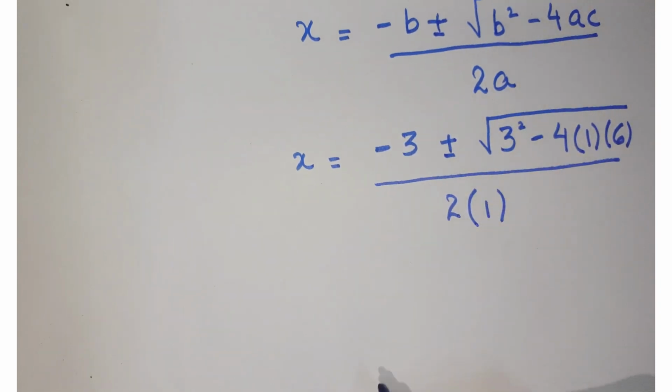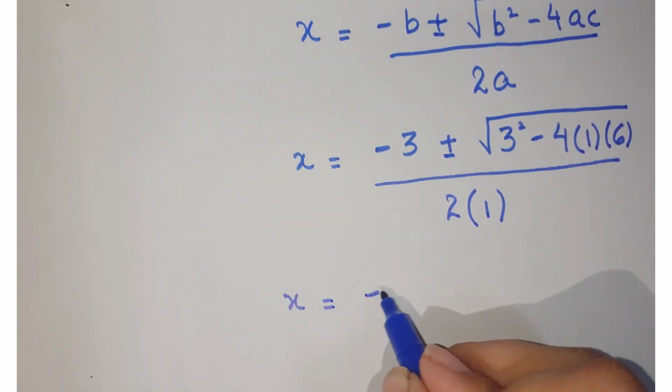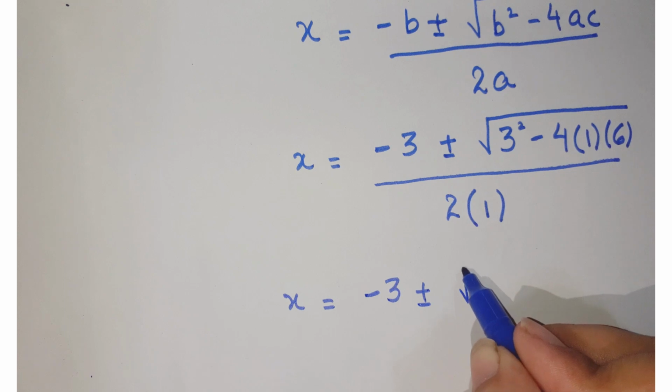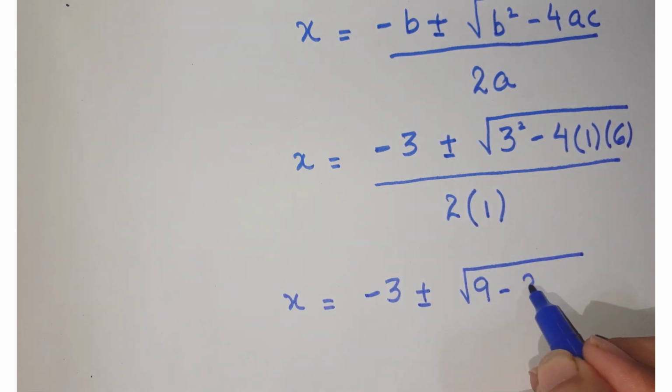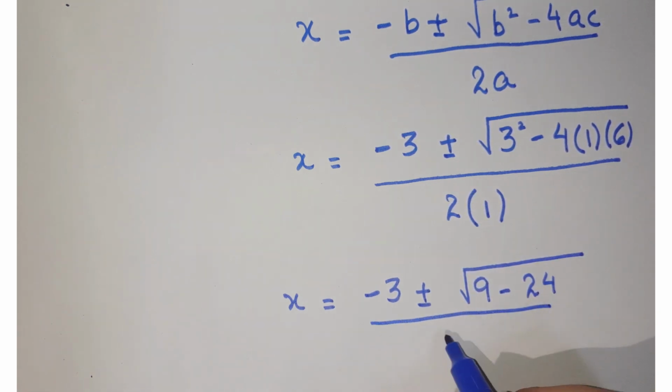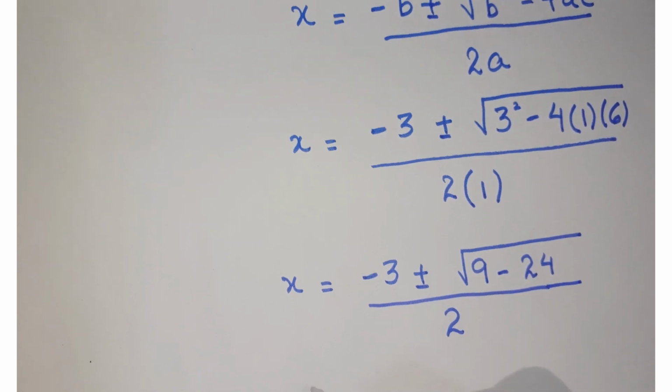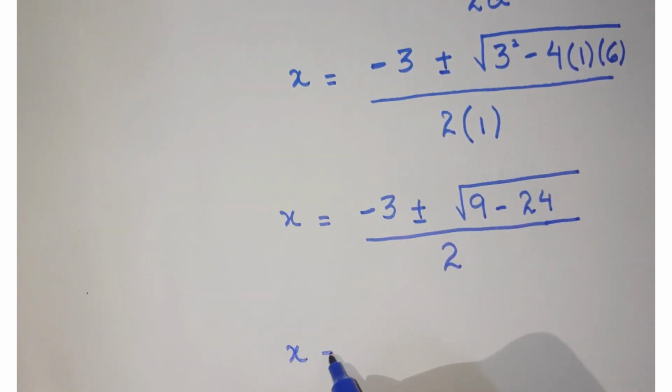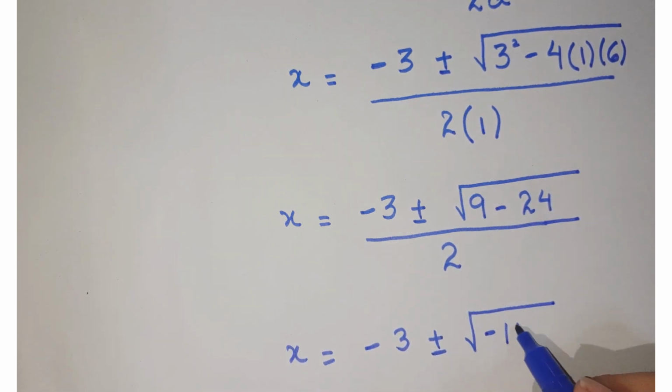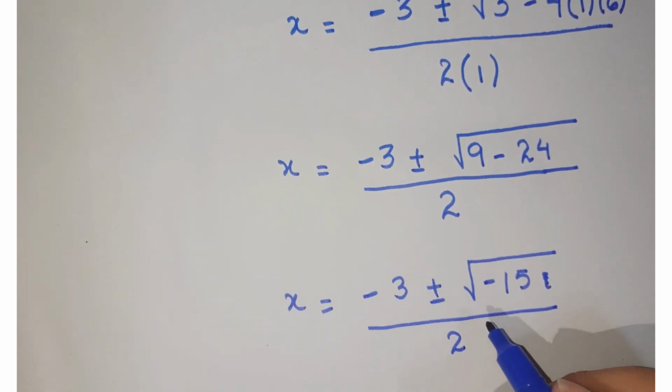After simplification, you get x is equal to minus 3 plus minus under root, this is 9 minus 24 upon 2. Further, if you simplify it, you get x is equal to minus 3 plus minus under root minus 15 upon 2.